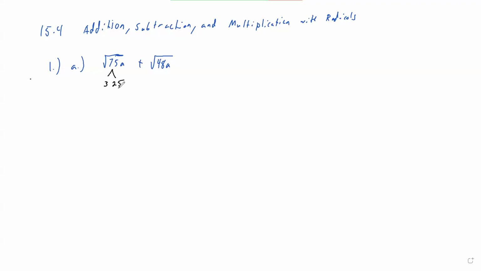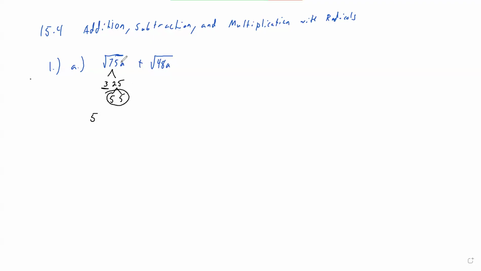Good. There's 3 quarters in 75 cents. What does 25 break into? 5 and 5. How many numbers do I have to group up? 2. So I can group up these two fives. That will come out of the house. I have a leftover 3.